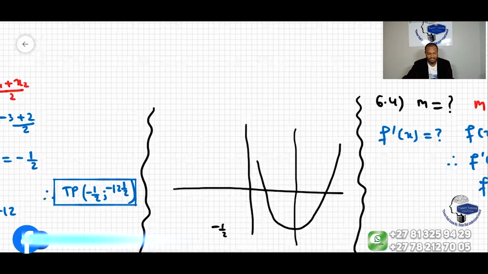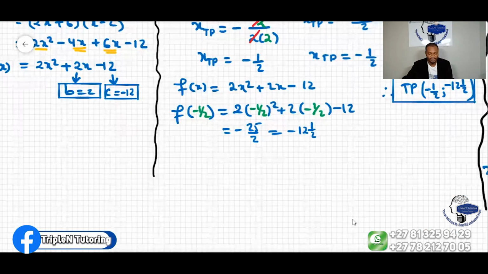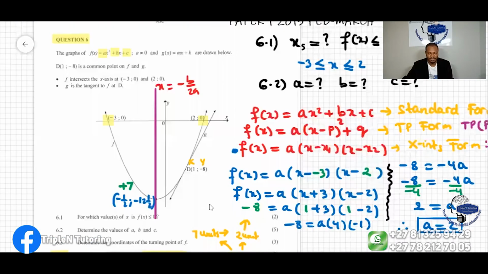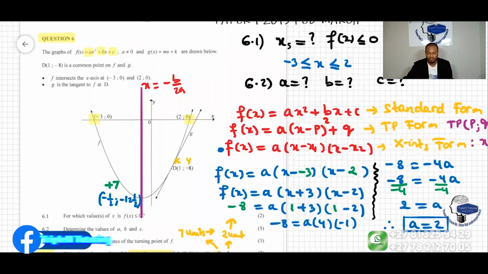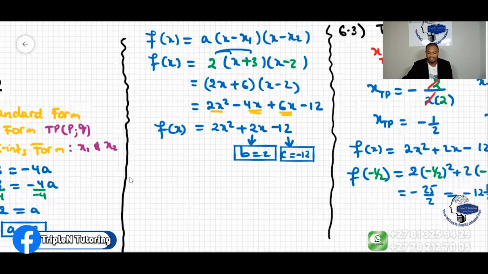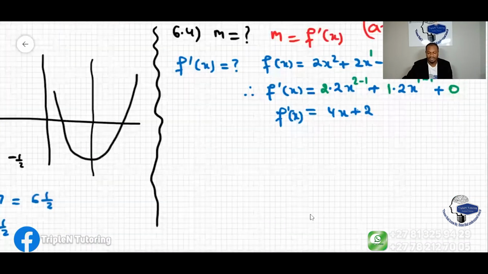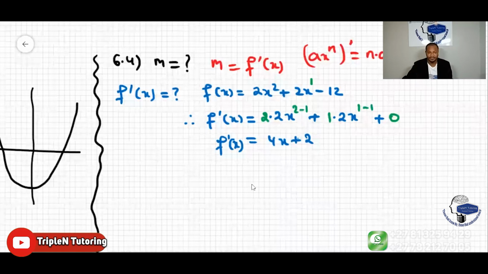If they said, for instance, at the point D, then we can substitute the value of 1 in the equation to find the gradient of the function at this specific point. But because they didn't say anything, we stop here. We just leave it like that. This is the derivative function. Okay. Thank you.